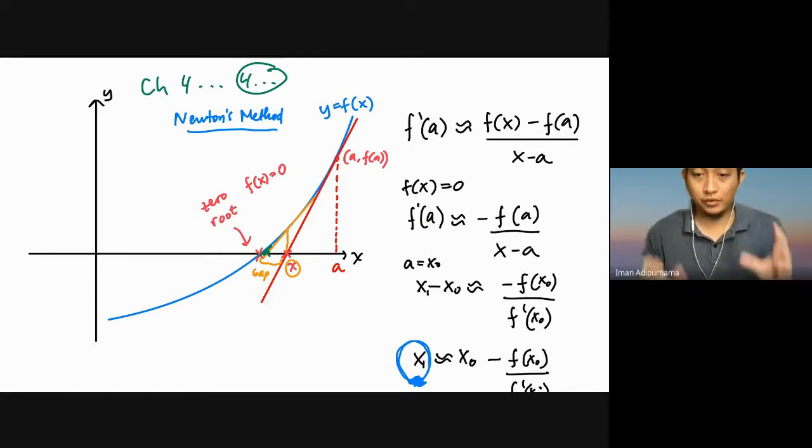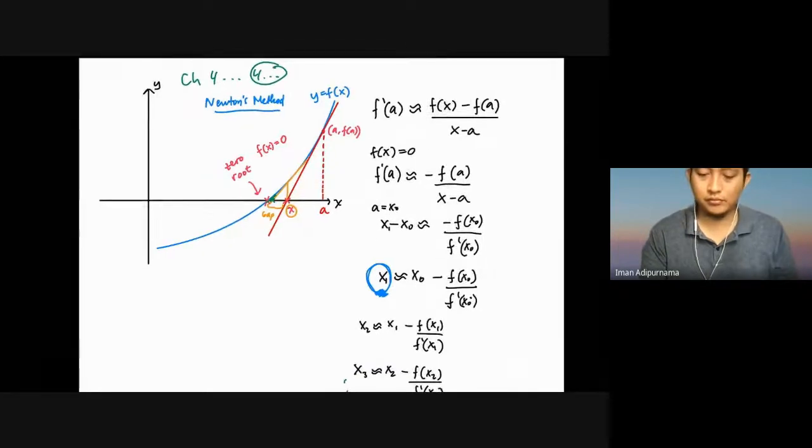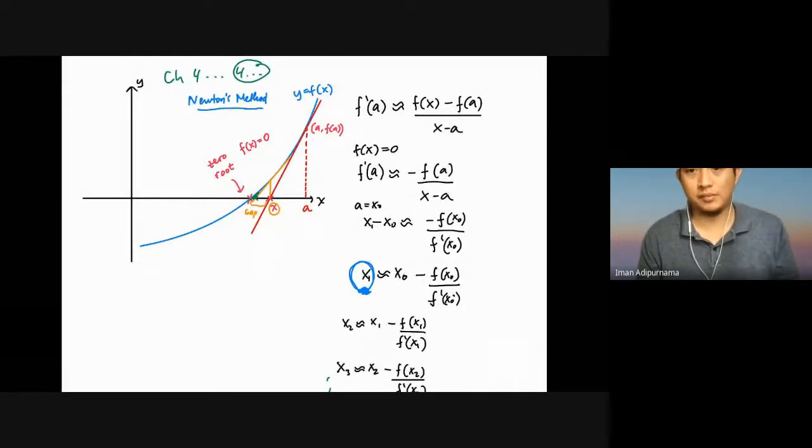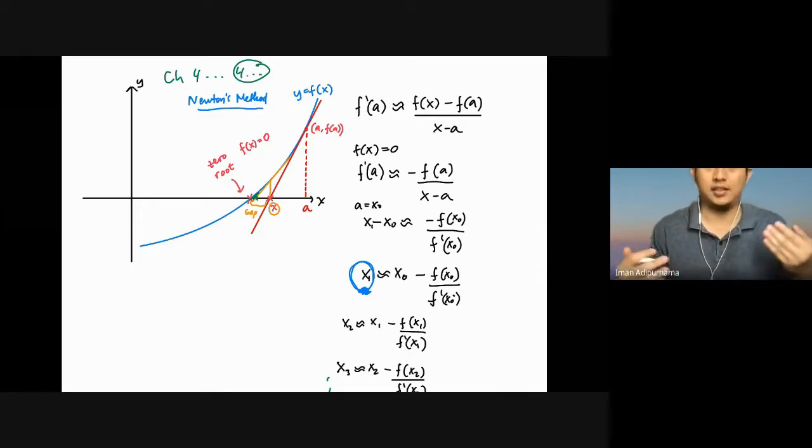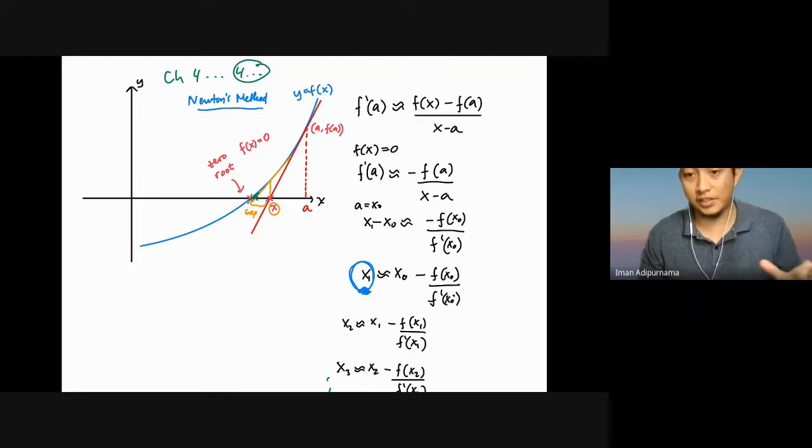So what I want to show here is that the principle behind this and linear approximations is the same principle, just with some differences here and there. In Newton's method, you need to find the x. In the linear approximation, you need to find the function itself.